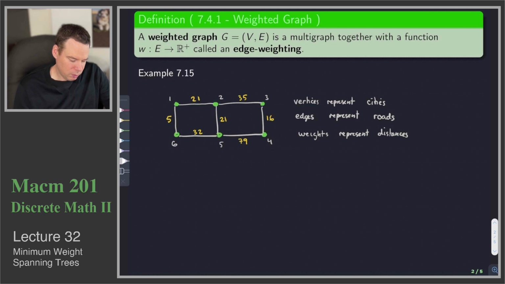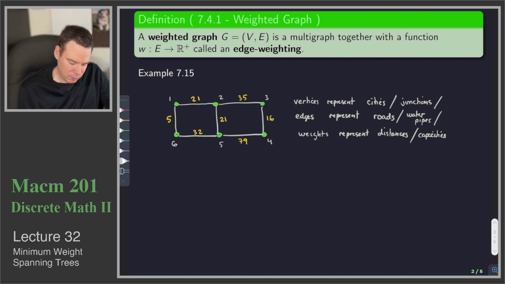What else could we use a weighted graph for? Well, instead of the vertices being cities, we could let them be junctions. And the edges could be water pipes. And the weights could be capacities, so how large the pipe is or how much water can flow through the pipe at a given instance.